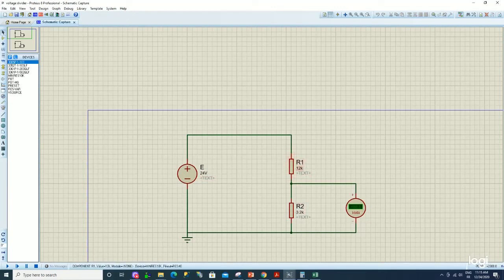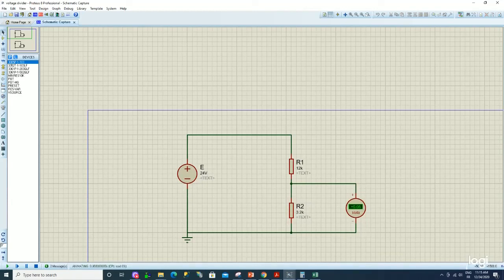The first one is fixed to 12 kilo ohms, and R2 is fixed to 3.2 kilo. Now let's start the simulation and look at the voltage, the DDP across R2, which is the output voltage we need to fix.